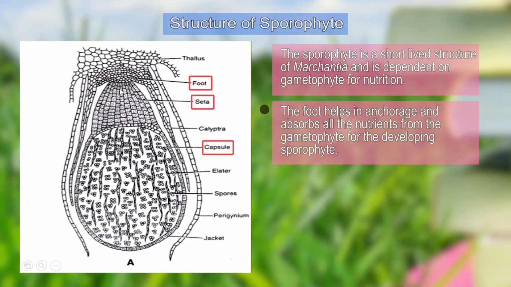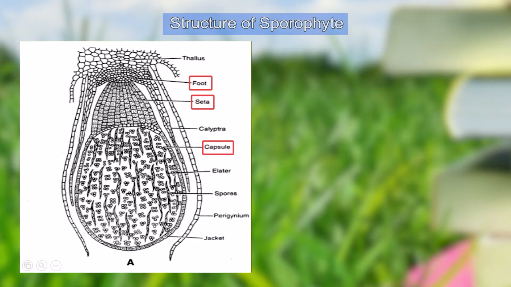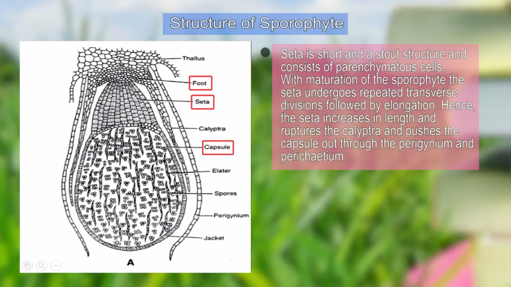Now, let us come to the individual functions of these 3 regions. The foot helps in anchorage and absorbs all the nutrients from the gametophyte for the developing sporophyte. The seta is short and stout and consists of parenchymatous cells. With maturation of the sporophyte, the seta undergoes repeated transverse divisions followed by elongation.